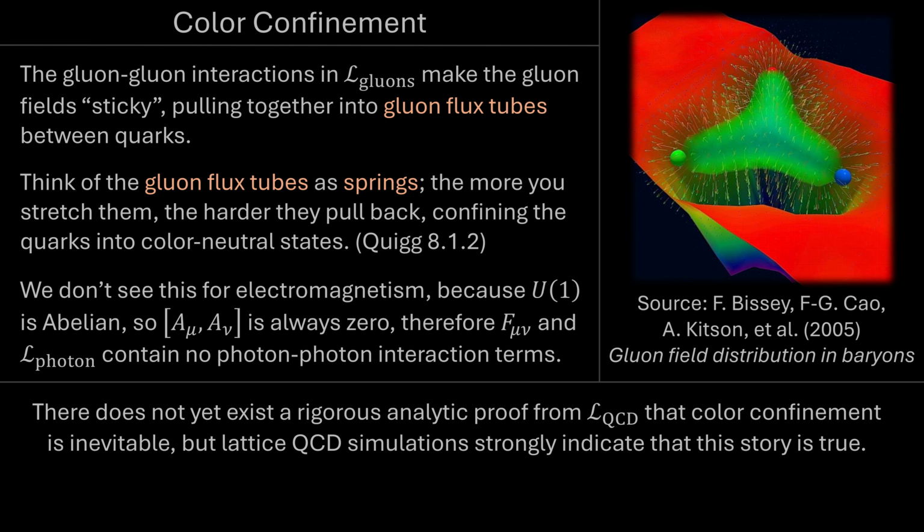So before you go thinking, hey, that's an unsolved problem, I'd like to solve it, just realize that the reason it's unsolved is because the math is incredibly messy and difficult to work with. But between lattice QCD simulations and this story about sticky gluon fields, the apparently mysterious phenomenon of color confinement becomes a lot less mysterious. We can very confidently state that the origin of color confinement can be found in the non-abelian nature of SU3.